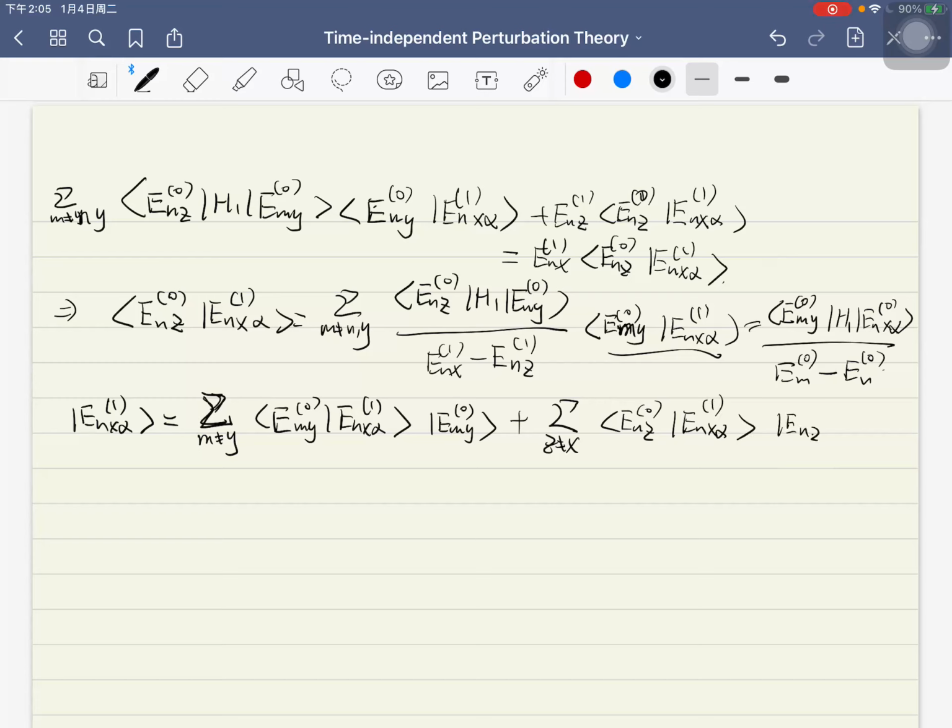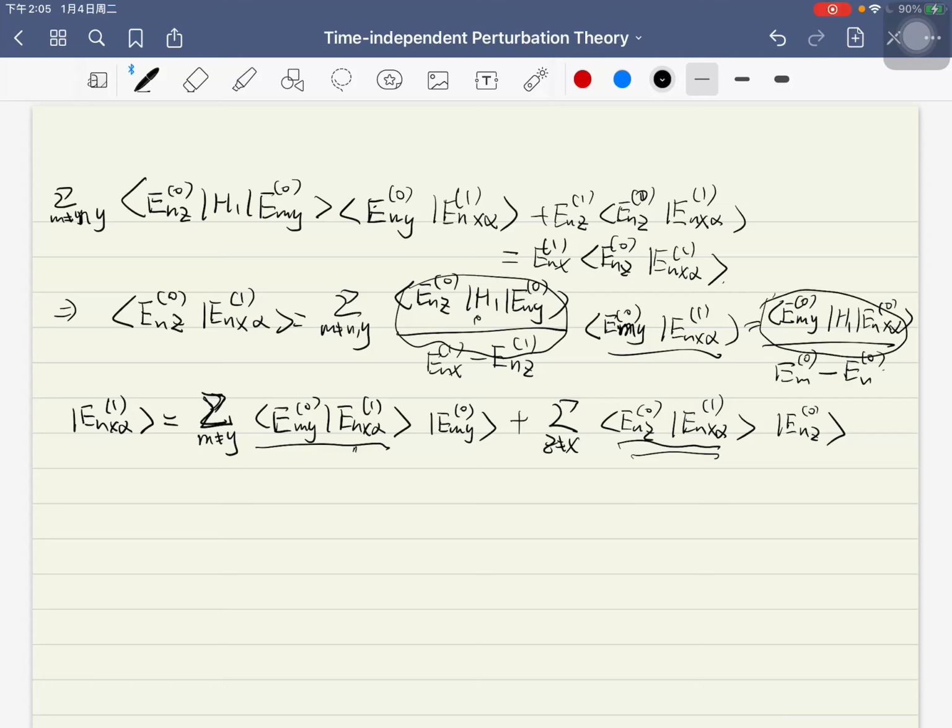Actually, we can find that this term is much smaller than this term, because H1, because this term is quite small.